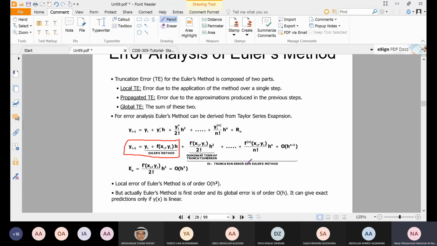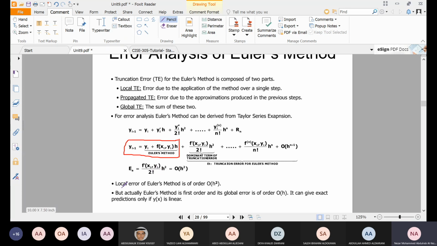To simplify, the second derivative of the function is the dominant term for the truncation error in the Euler method. Sometimes for simplicity we use just the second order derivative as the dominant term. If we know the function, this will be easy, we can use the derivative of the function. If we don't know the function, we can use the mean, and this will be an approximation as well.